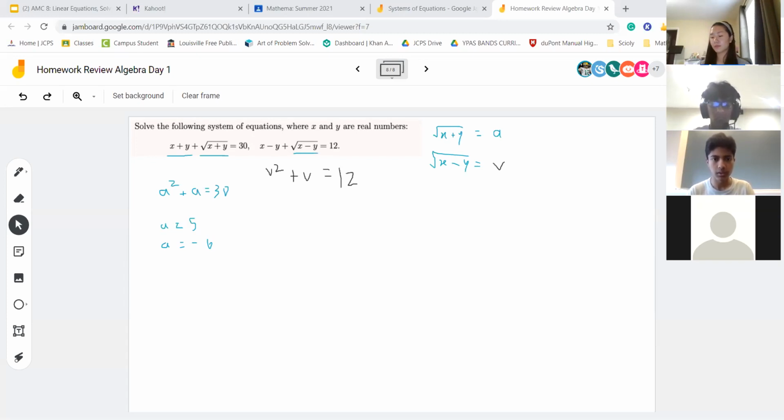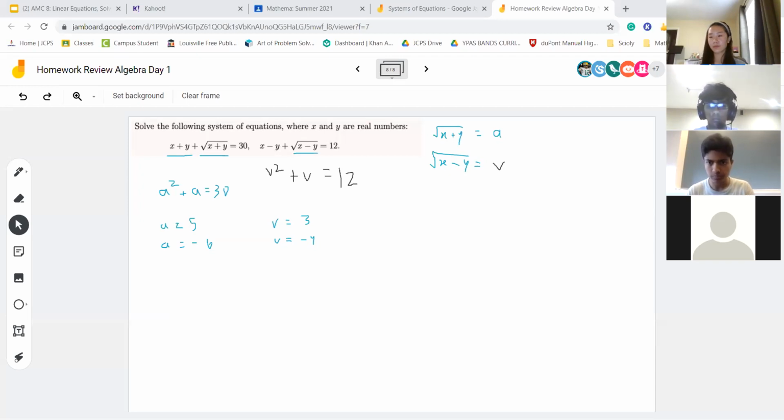Does everybody understand how this is true? Because 3 squared plus 3 is 12, and -4 squared plus -4 is 12. Let me check chat. Okay, yes. All right, good.